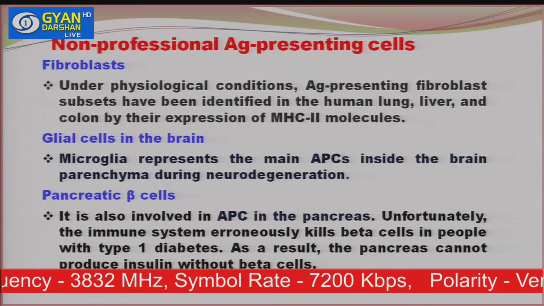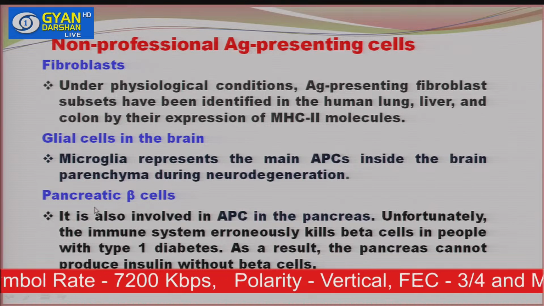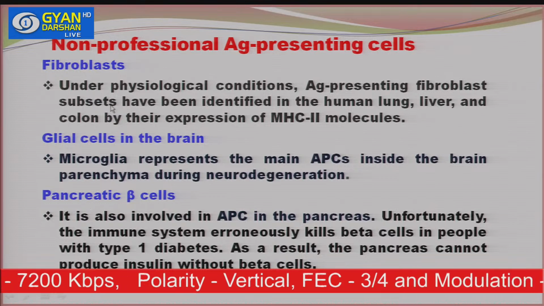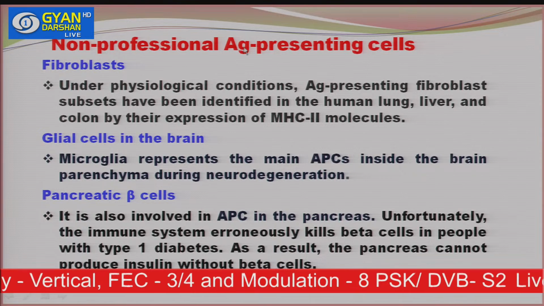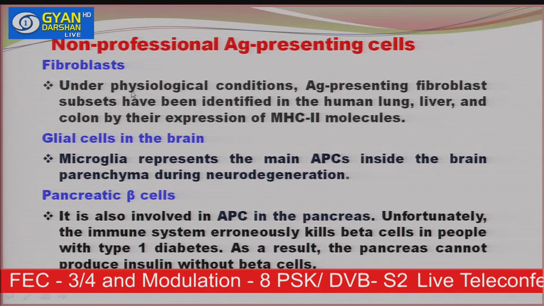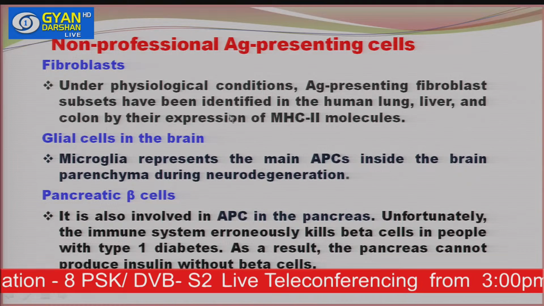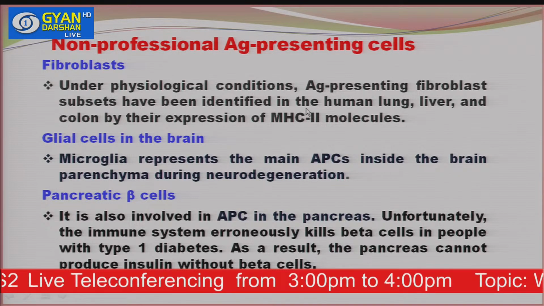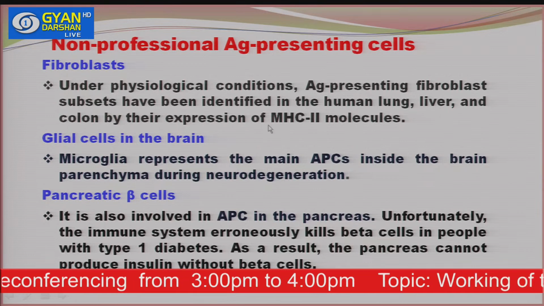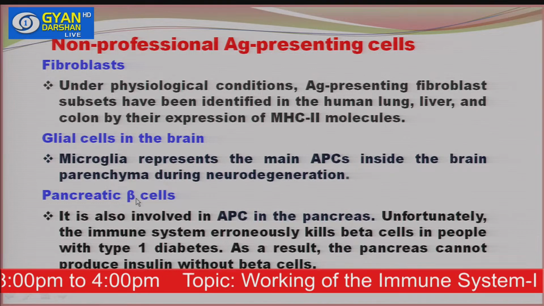Another group is the non-professional antigen presenting cells: the fibroblasts, glial cells in the brain, and pancreatic beta cells. Under physiological conditions, antigen presenting fibroblast subsets have been identified in the human lung, liver and colon by expression of the MHC class II molecule.